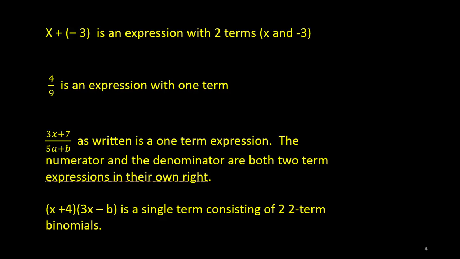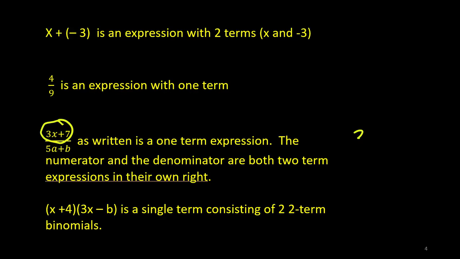A little bit more complicated ratio is 3x plus 7 divided by 5a plus b. And this is written as a one-term expression. You might notice that the numerator and the denominator are both two-term expressions in their own right.